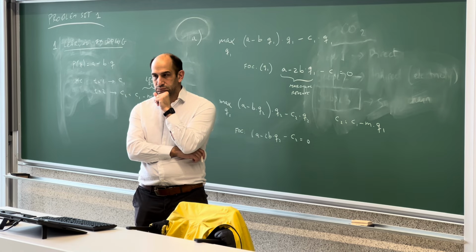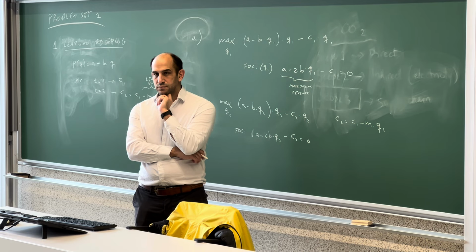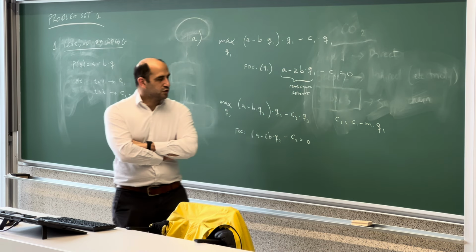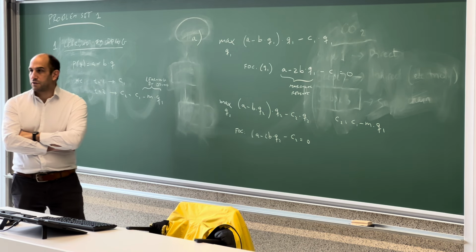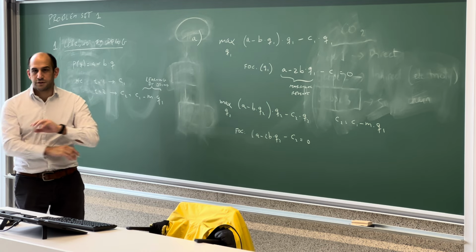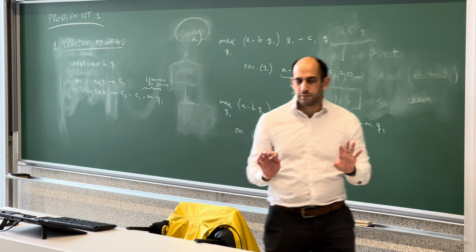Then when you do the static decision of period 1, you replace the Q2 by the expression you got as a function of Q1. That's what I did. Here I'm not doing backward deduction, I'm just solving the periods separately. So first period 1, then period 2.